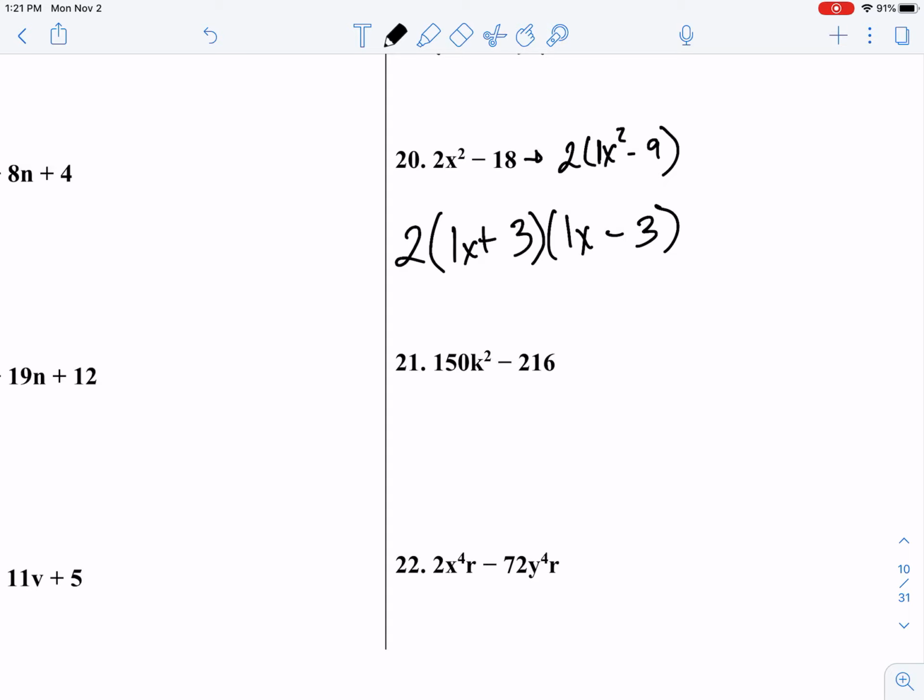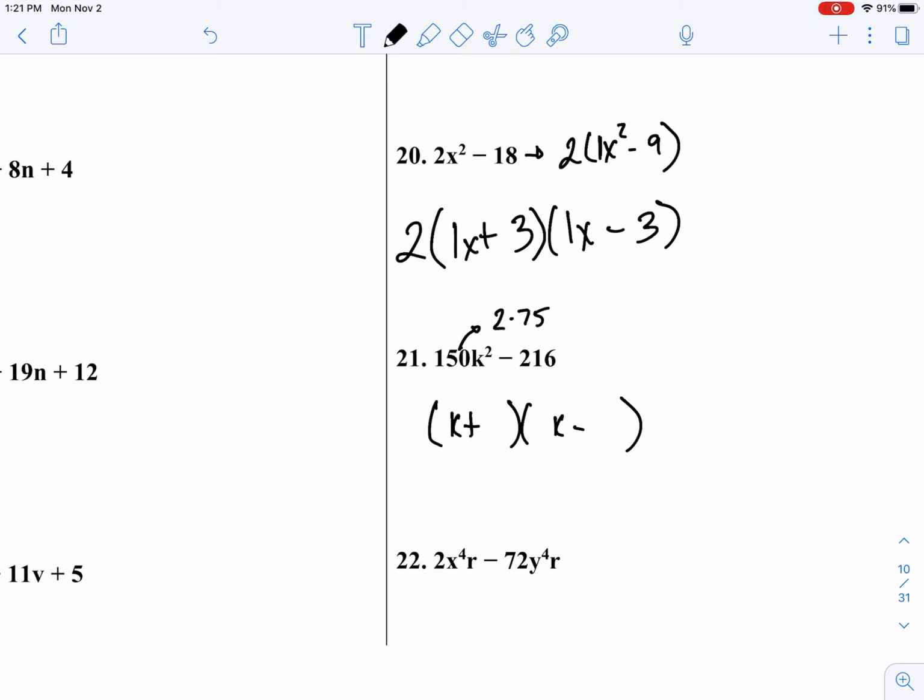150k squared minus 216. Again, I only see two terms. I immediately think plus minus. My variable is k. 150 isn't a perfect square, but I know 150 is 2 times 75. I know 75 isn't a perfect square.